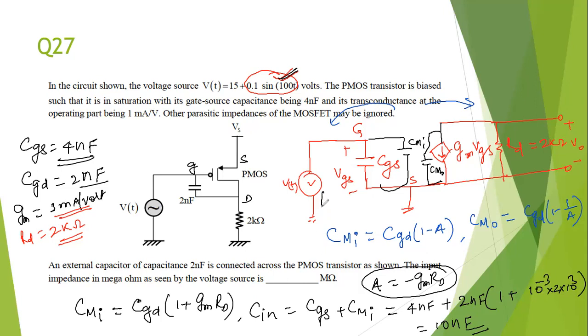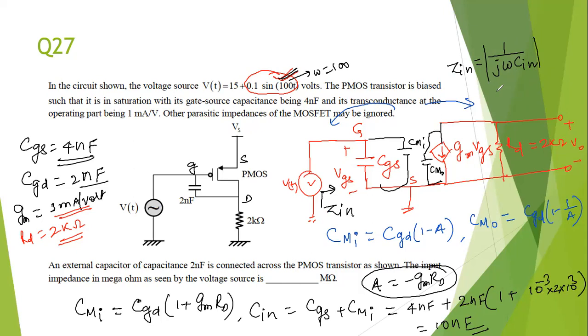So what is the input impedance? Input impedance is nothing but only the capacitance. So this is 1 upon j omega into C input. Just put here 1 upon j omega. Omega is what? 100. Omega is 100.